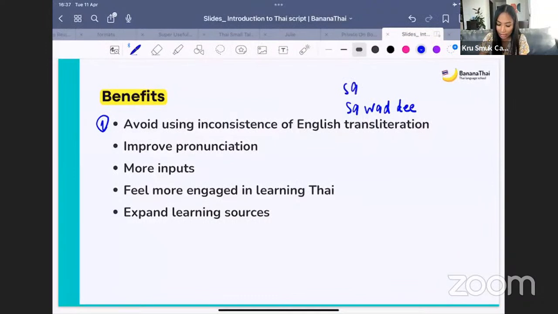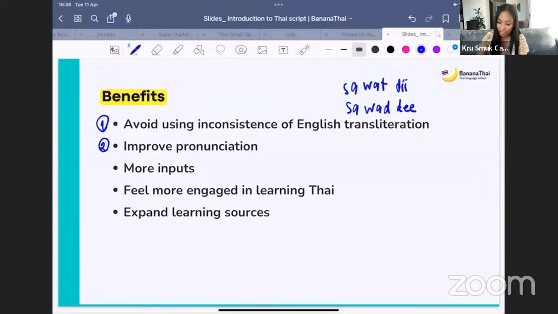Sometimes you can also see it like this. This is also สวัสดี and there is no standard. So by using Thai letters and Thai script, you will avoid this confusion and not rely only on the English karaoke thing.